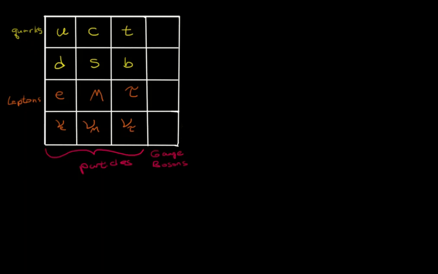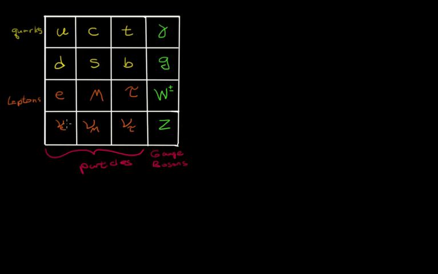We have one that you're all familiar with. That's the photon. We have the gluon, the W particle, and there's actually a plus and a minus W particle. And then we have the Z particle.